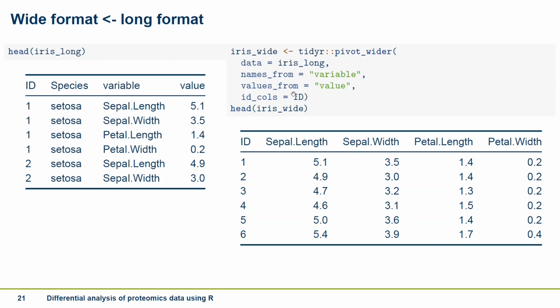And you also have to define ID columns, so basically give the function an idea which of these elements here belong together. So this is why I added this ID column before, because this is the only way to know that these 4 rows actually belong together to a single observation. And this is then again the result. So it basically looks like the original data before.